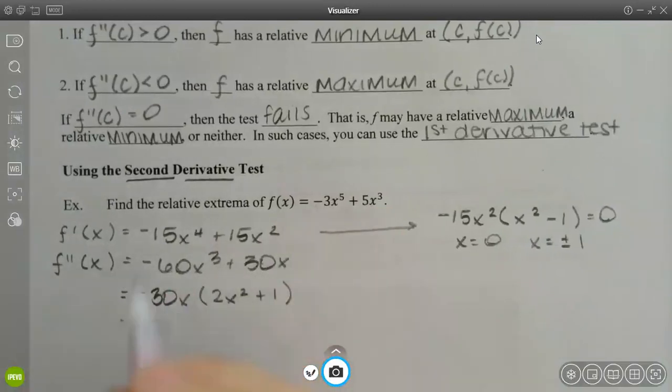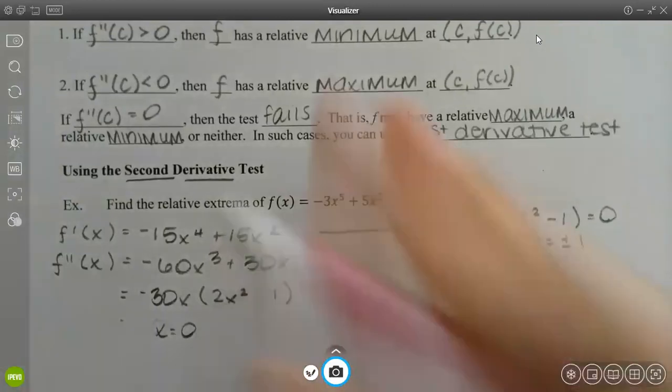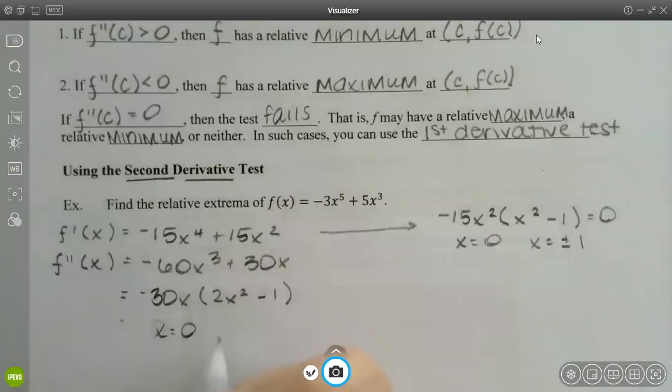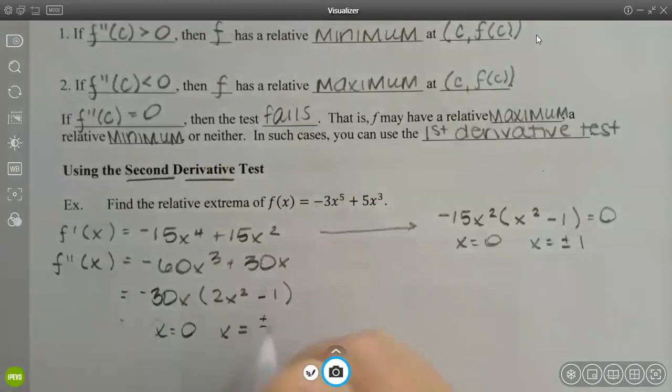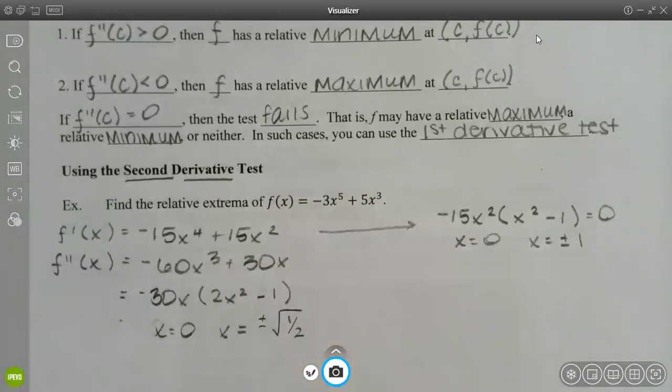And what else? Yes, because I factored out a negative. Thank you. So a 0 and we can leave it as square root of 1/2 for right now. We're going to talk about this.